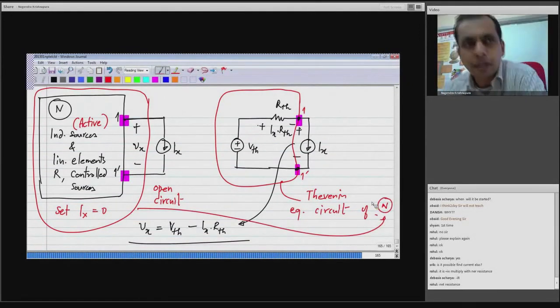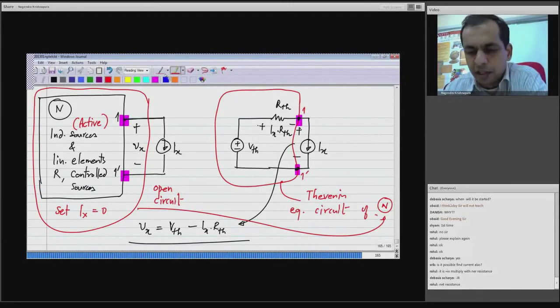Now, as I said earlier, if you are not interested in the internal details of this, say you design a very complicated circuit with hundreds of resistors, control sources and many independent sources, and you want somebody else to use it, but you have only two terminals brought out, which is what they are going to use. In that case, they don't need to know all the internal details.